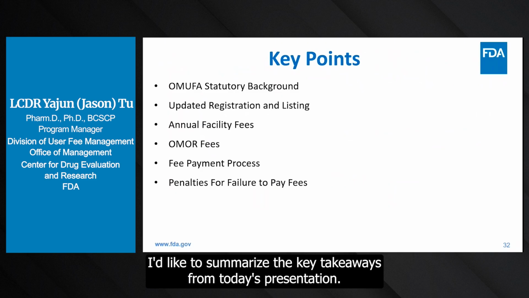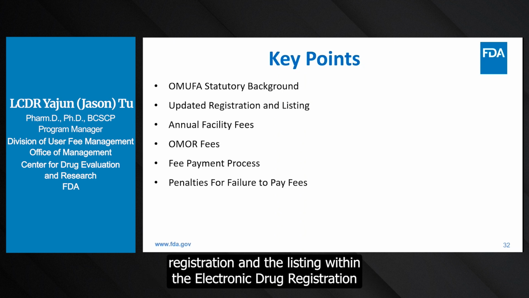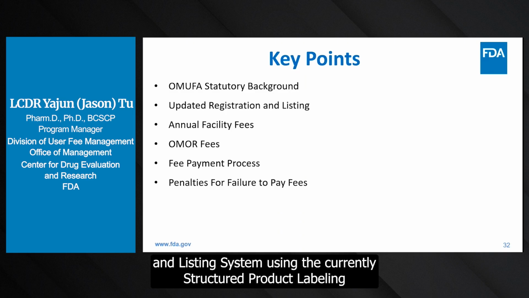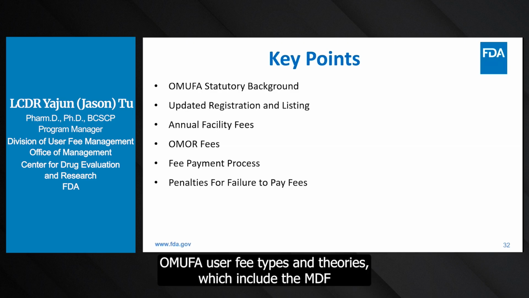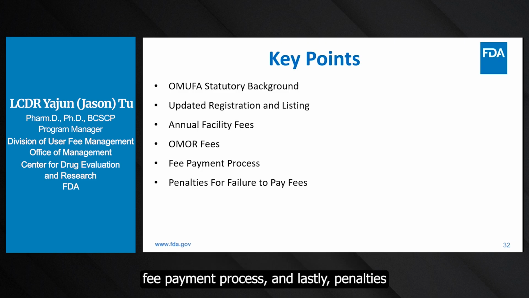In conclusion, I'd like to summarize the key takeaways from today's presentation. We have discussed the OMUFA background and common OMUFA terms, registration and listing within the electronic drug registration and listing system using the current structured product labeling, OMUFA user fee types and fee rates, which include the MDF and CMO facility fees, and Tier 1 and Tier 2 OMOR fees, fee payment process, and lastly, penalties for failure to pay OMUFA user fees.